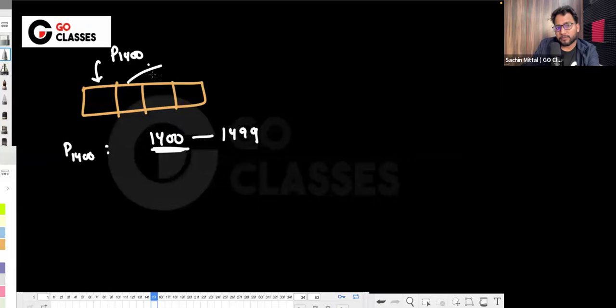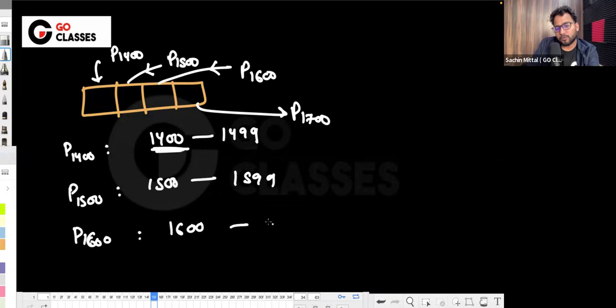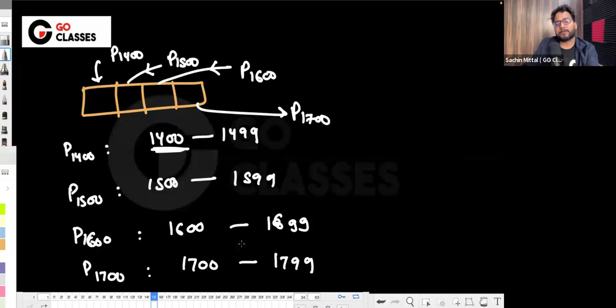This packet will be p 1500, because the starting byte will be 1500 to 1599. What will this packet be? This packet will be p 1600, and then this packet will be p 1700, which means p 1600 will be 1600 to 1699. p 1700 is 1700 to 1799, right?